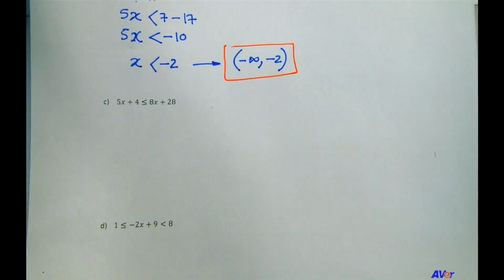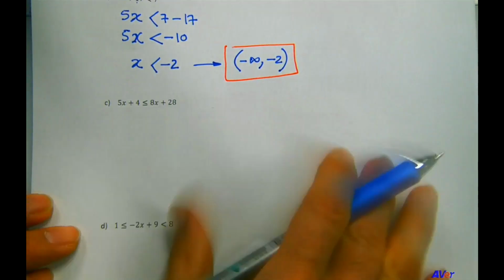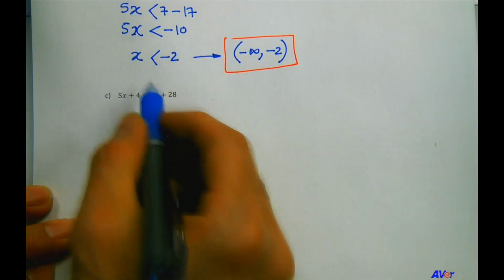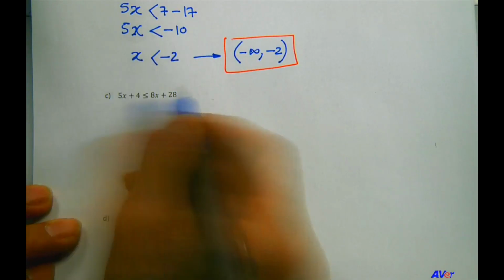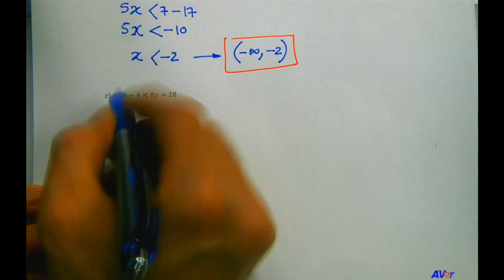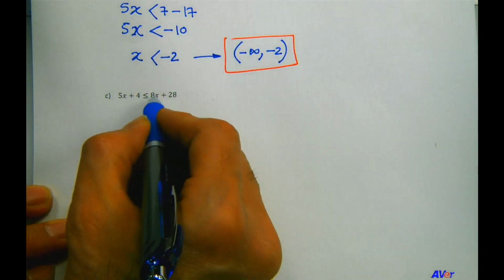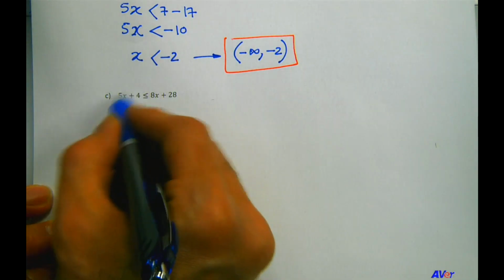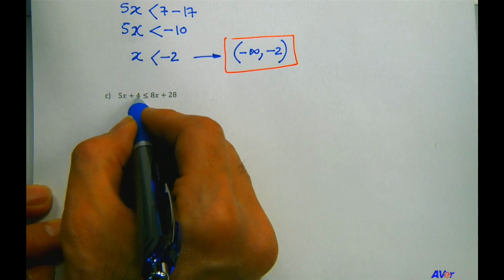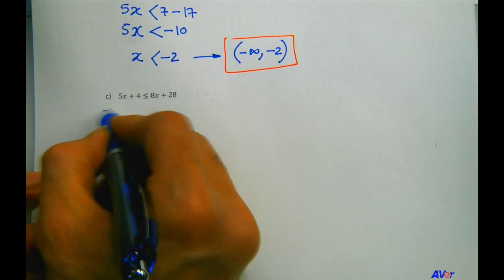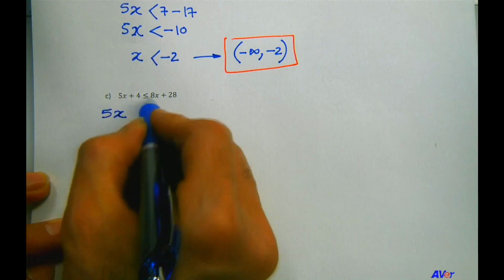Okay. All right, so this one. This is more interesting than the other examples, right? We have more terms to work with. So once again, let's collect all the x terms on the left and all the constants on the other side. So we have 5x, move the positive 8x from the other side.